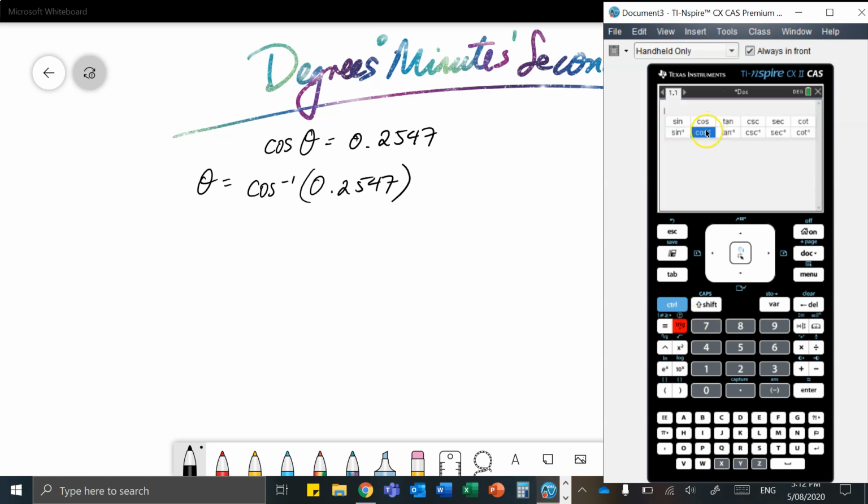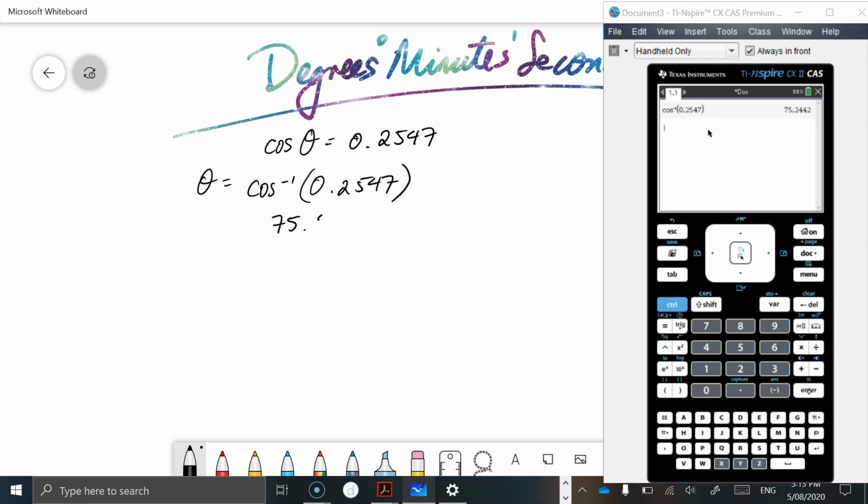The inverse cosine of 0.2547 is going to equal 75.2442. Obviously, if they ask you for the angle to the nearest degree or to two decimal places, you don't need to go any further from this.